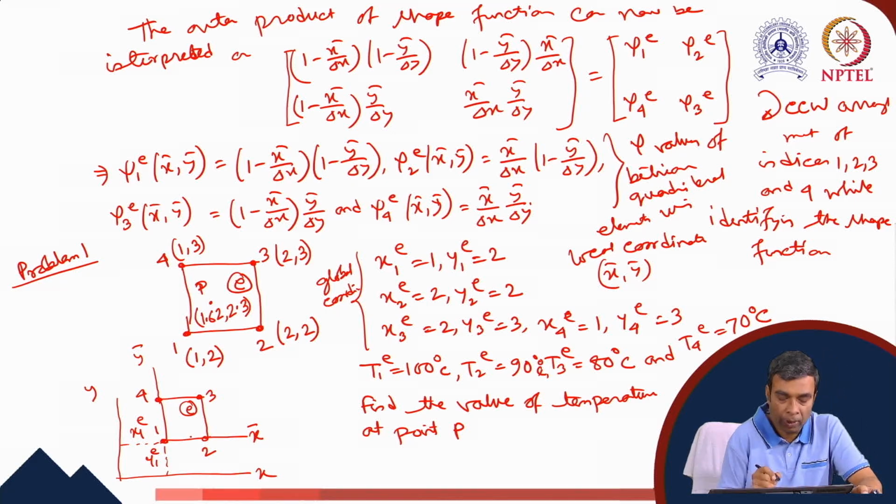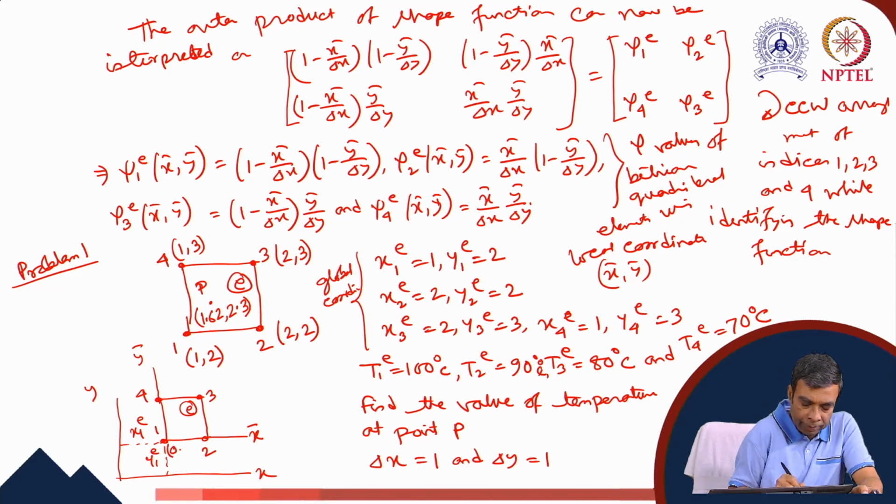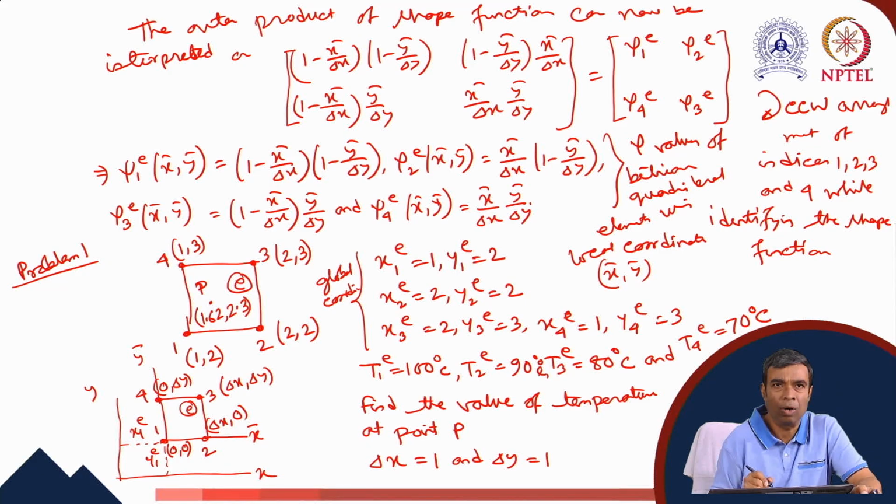Now if we look at the data, we can understand that the mesh size in both the directions is of unit value. It means that delta x equals 1 and delta y equals 1. So the coordinates for this element will be 0, 0, delta x, 0, delta x comma delta y, 0 comma delta y. So these are the coordinates of all four corners.